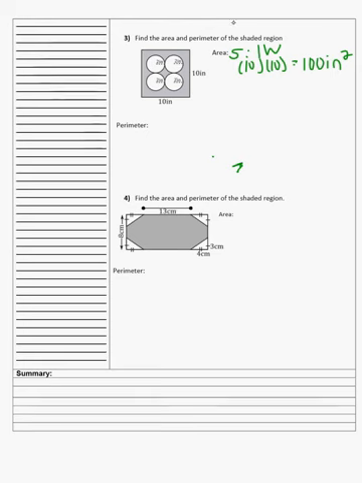So to find the area of a circle, we'll say C for circle. We want to do pi r squared. So r is being the radius. So we'll say pi times the radius of 2 squared, which is pi times 4.